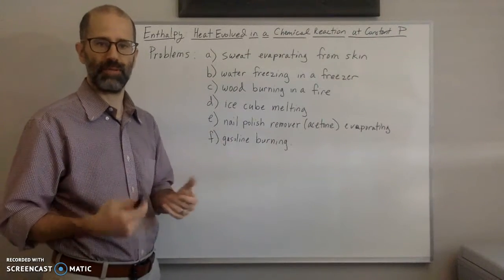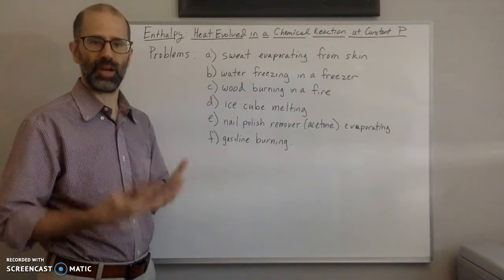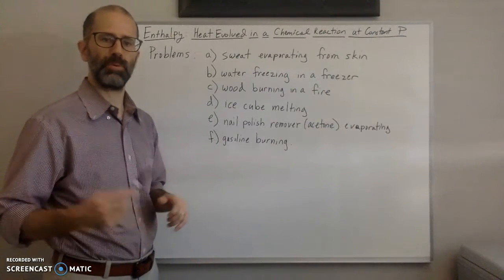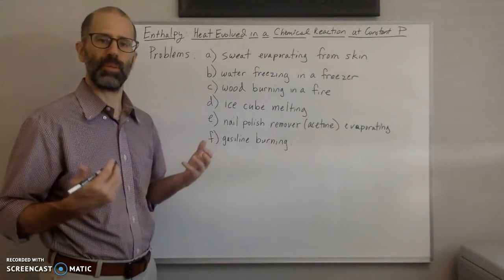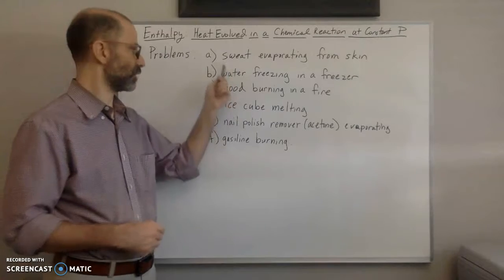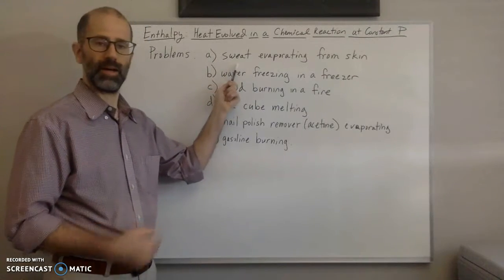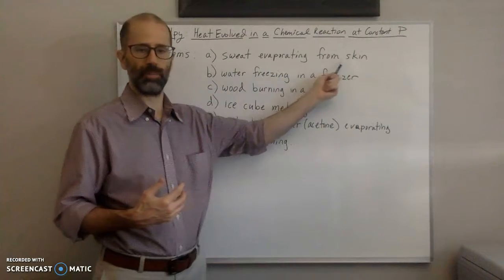That's how you get evaporation to occur. You boil something on the stove, it heats up, and it evaporates. So you need to put energy into the sweat. Where is that energy coming from? It's coming from the body heat. So this sweat is going to absorb the body heat, and then it's going to evaporate from the skin.